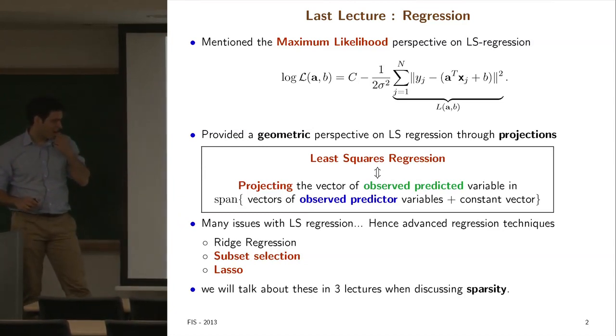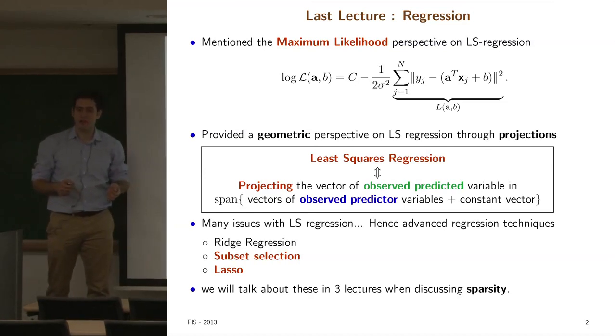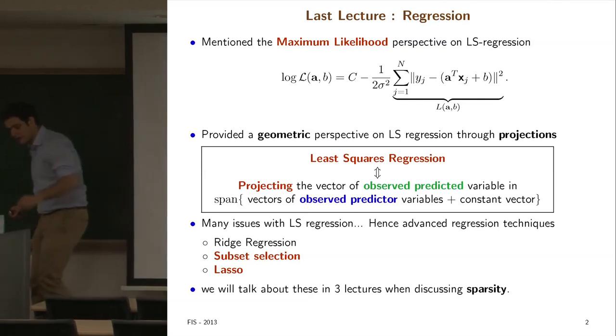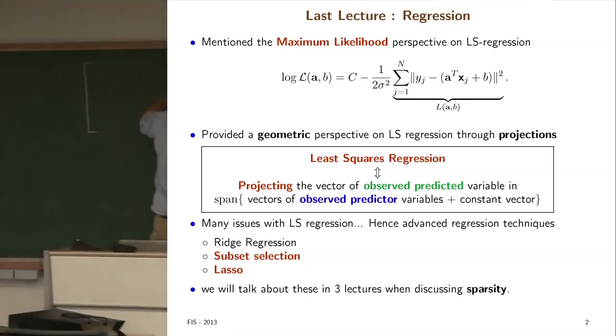The other important aspect of least squares regression that we've been through is the fact that doing least squares regression is as if you were projecting. You probably remember this by now. We have a data matrix.